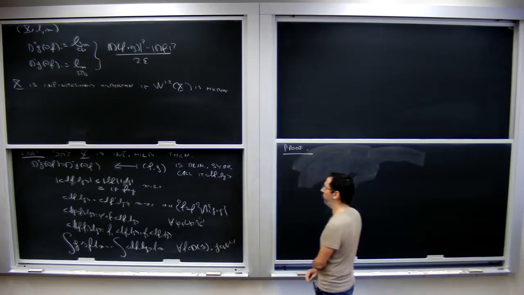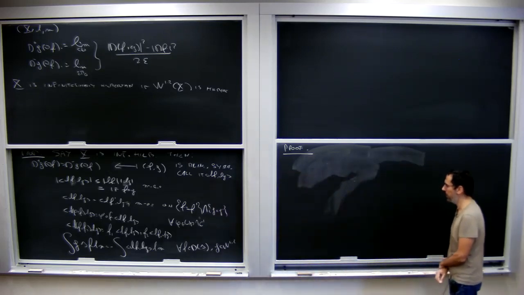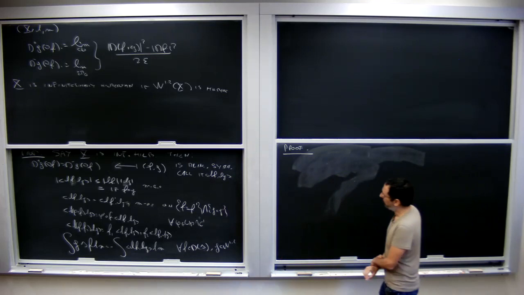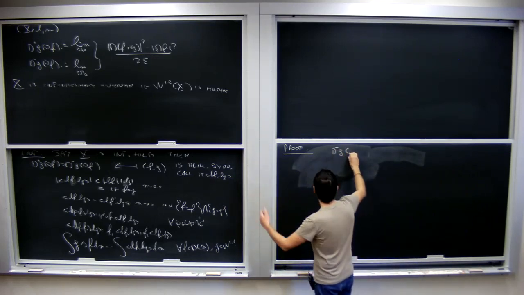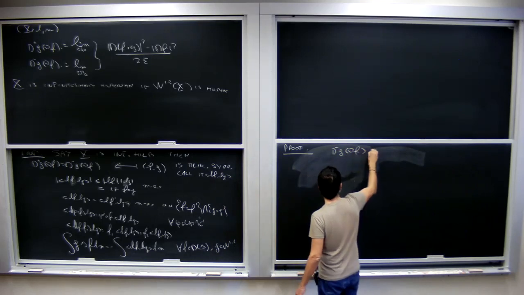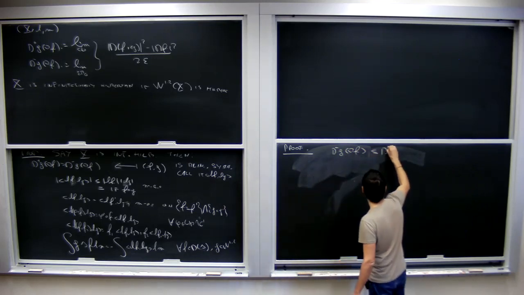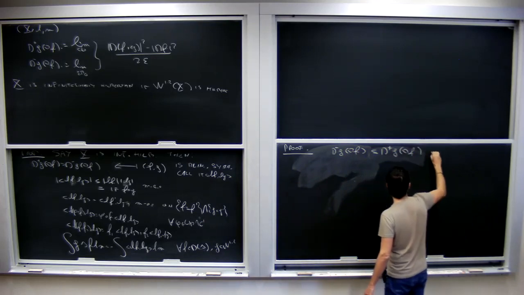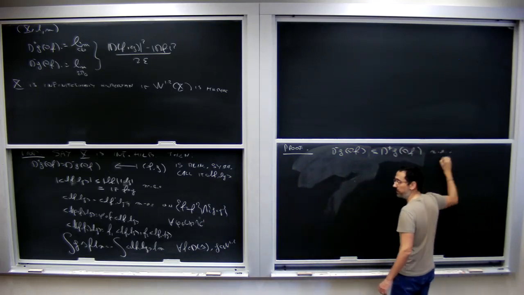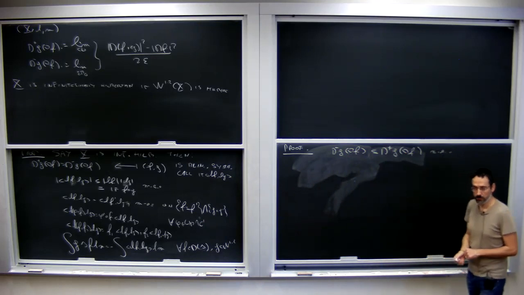Let me first observe the following. First of all, we know by definition, from what we have seen in the last lecture, that D minus g is less or equal than D plus g almost everywhere for every f and g, right? That we know.